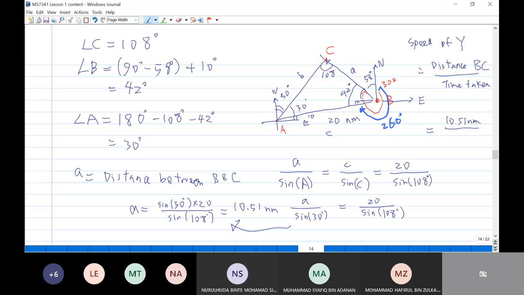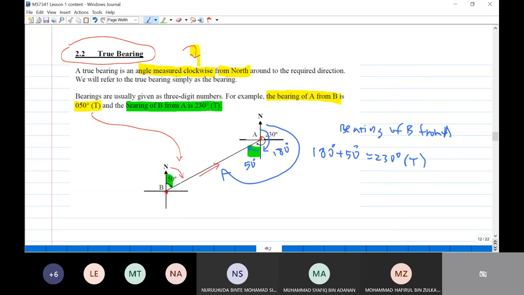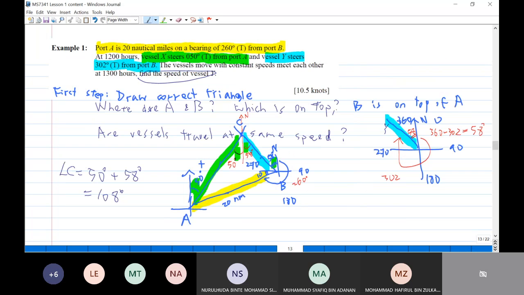The time taken: the ships start from 12 o'clock, and then they meet again at 1 o'clock. So these two ships meet at 1 o'clock, so actually the time taken is 1 hour.